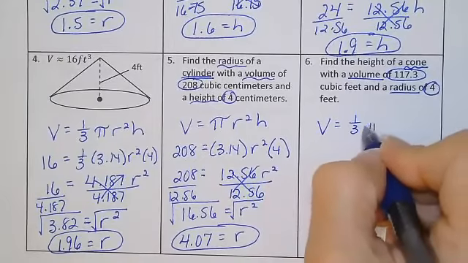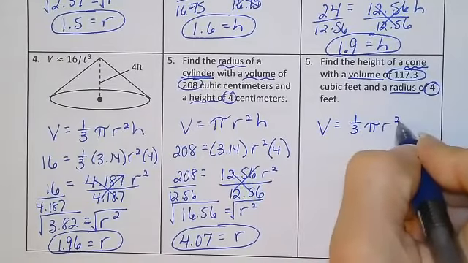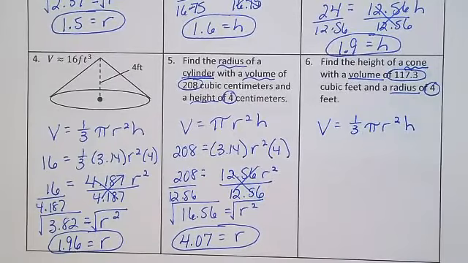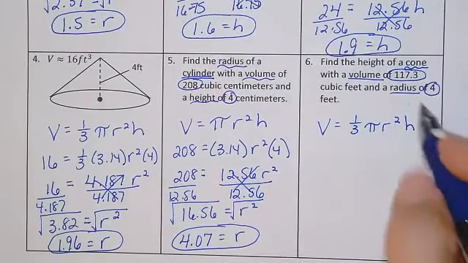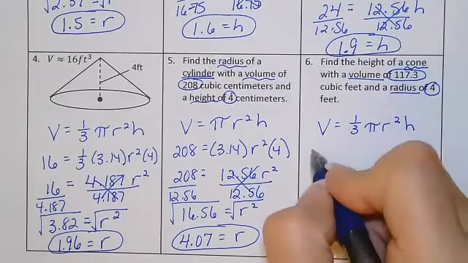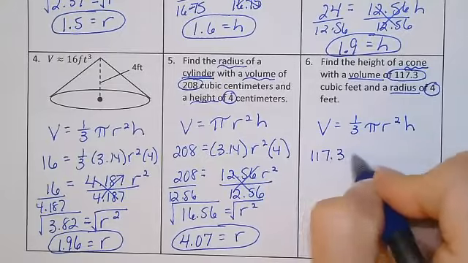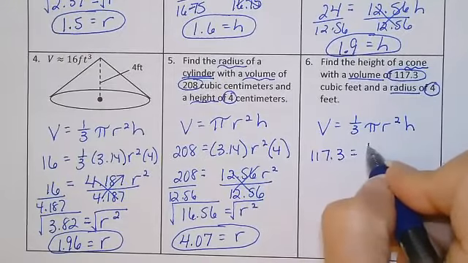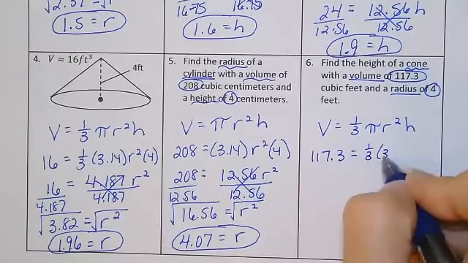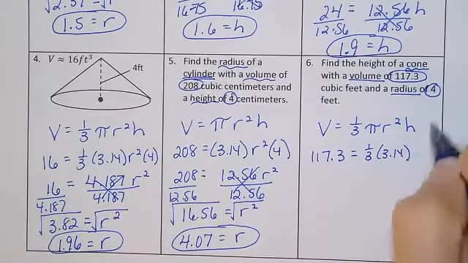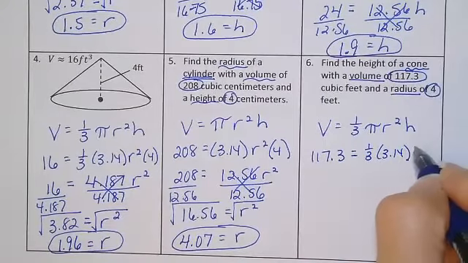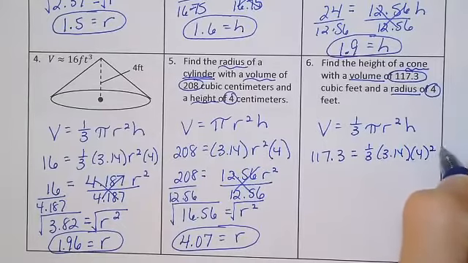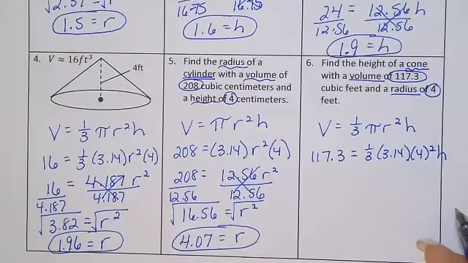Volume equals 1/3 pi r squared h. Okay, we're going to substitute 117.3. Radius is 4. And we don't know what our height is.